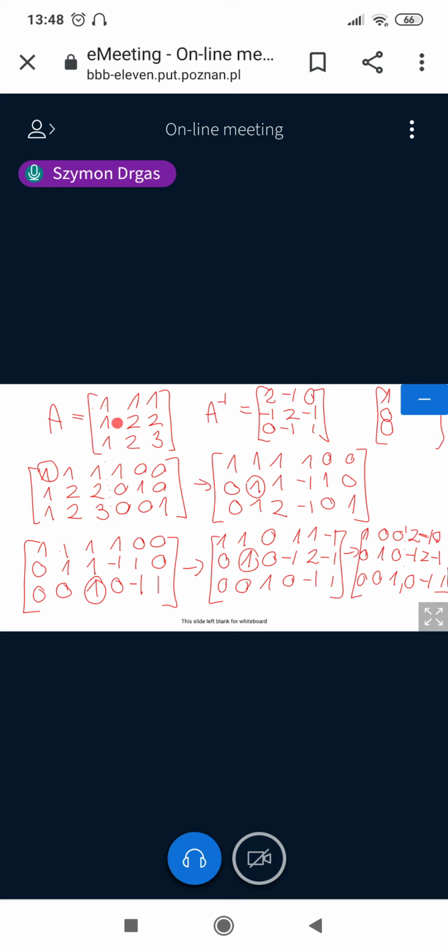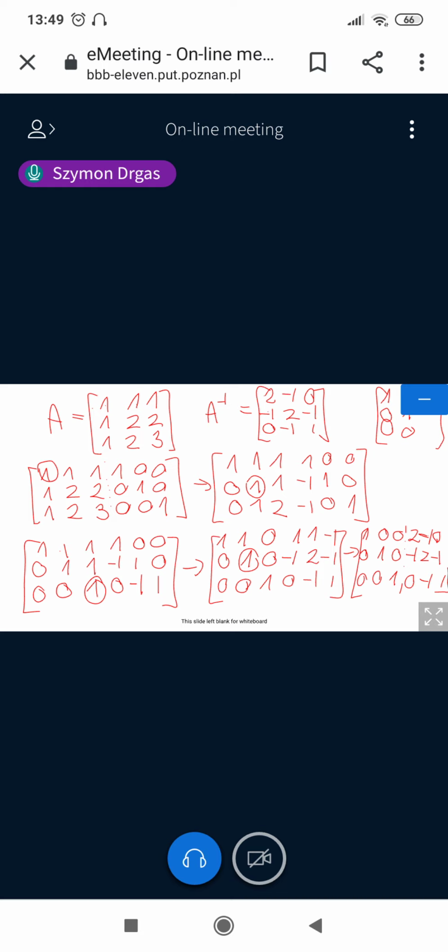Then we have minus 1 plus 4, which is 3. Let me do it again. Minus 2. So yes, it's 3 minus 2 is 1, and minus 1 plus 4 minus 3 is 0. Then the first row times the third column is 0.